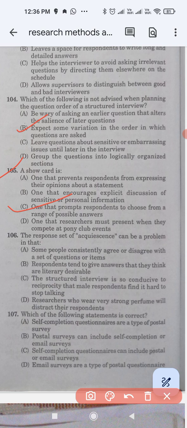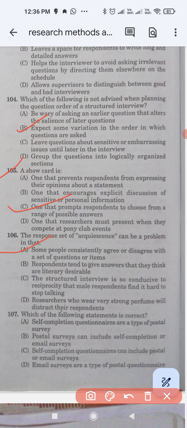Option C. The structured interview is so conducive to reciprocity that male respondents find it hard to stop talking. Option D. Researchers who wear very strong perfume will distract their respondents. So the correct answer of this question is option A. Some people constantly agree or disagree with a set of questions or items.